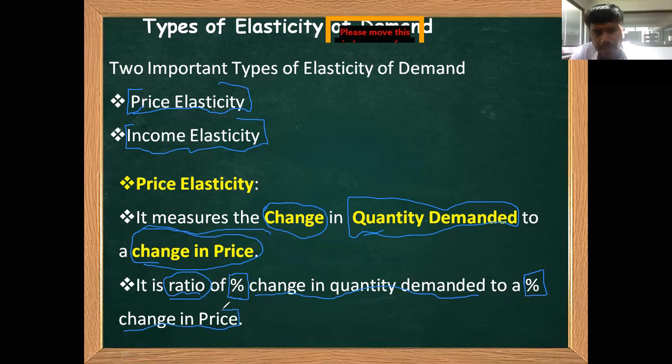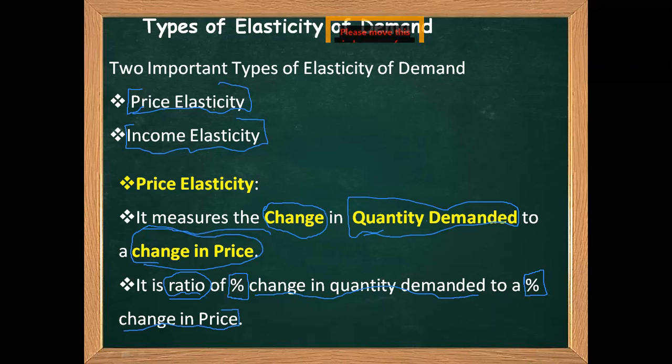If you have elasticity of demand, it is the percentage change in quantity demanded to the percentage change in the price.